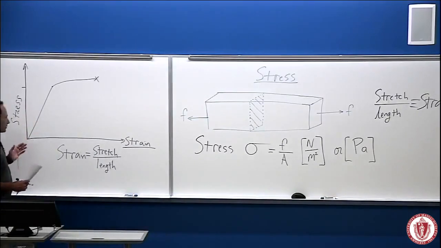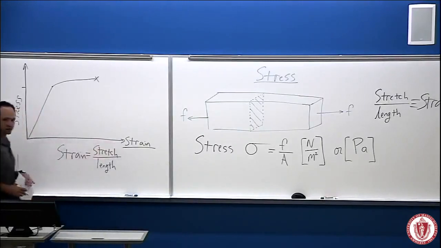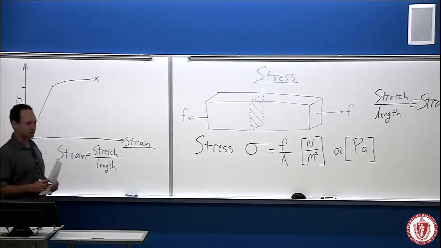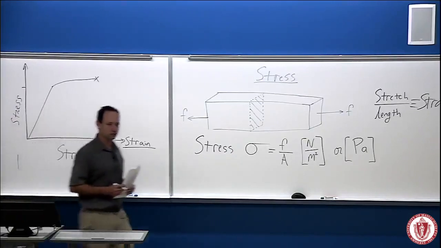As it happens, oftentimes we put strain on the x-axis. That's just customary. But for small amounts of strain, and this is what's called elastic strain, you get a very linear behavior. This is called Hooke's law.